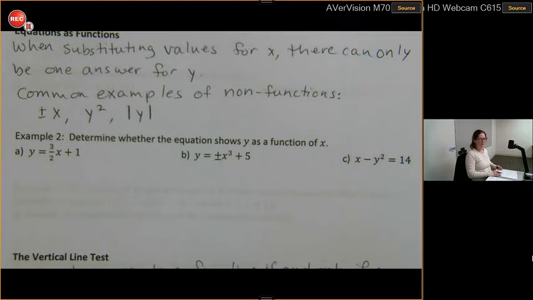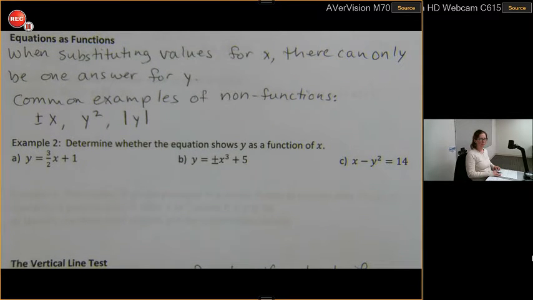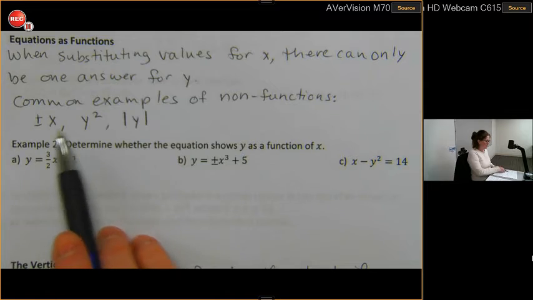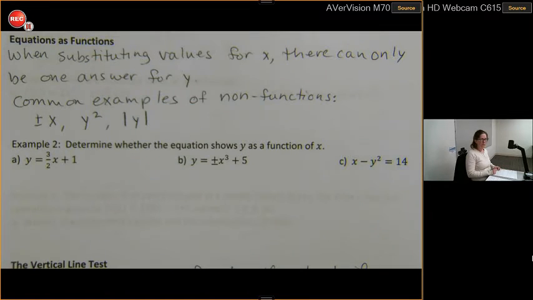So in our next example, we have some equations. And to determine if it's a function, really what we're looking for is one that's not a function with those three cases I listed. There are other ways to make things non-functions, but these three that I've listed are the ones that you'll see.